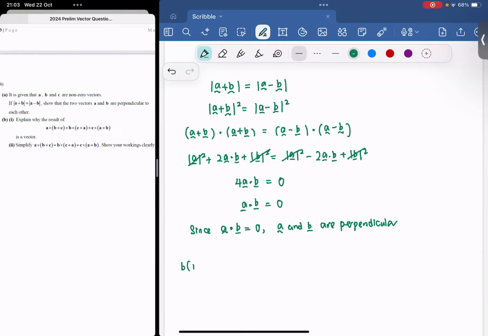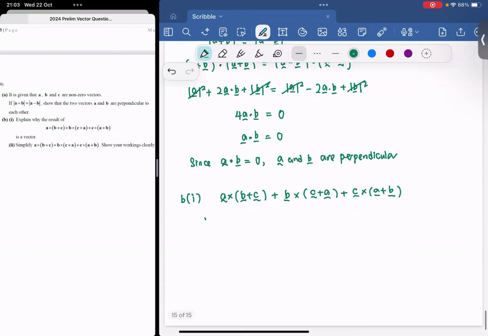B part 1, explain why the result of this is a vector. So we say that A cross B plus C, B cross C plus A, and C cross A plus B are all vectors.